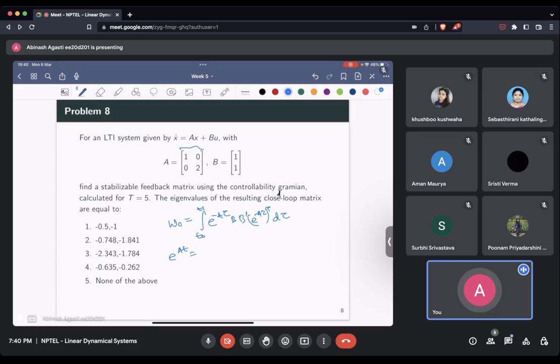So how do we directly get it without doing the inverse of sI minus A? Sir, yes. e to the power 2t, 0, 0, e to the power t. Okay, are you sure? Just check if there is some mistake.